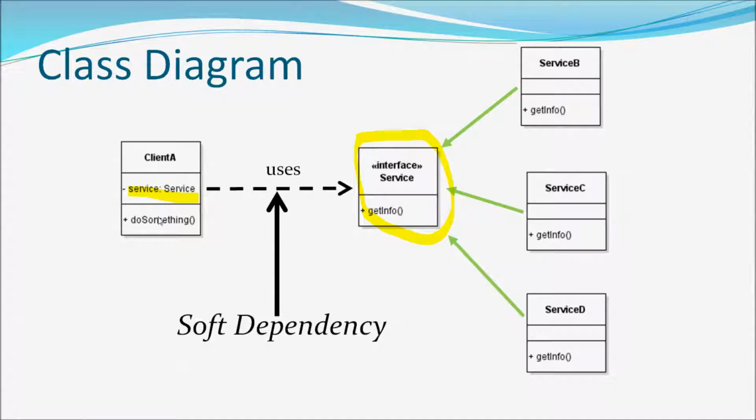And in this video tutorial, we will write code to implement this example to help you understand the concept of dependency injection as well as how it is implemented in the Spring framework.